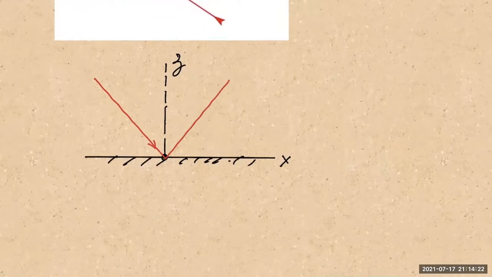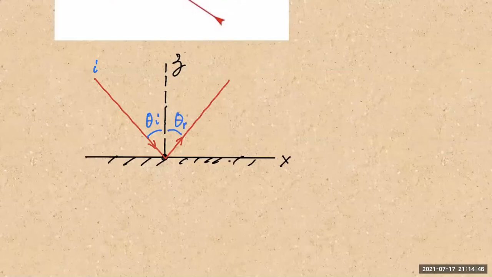It tells you the reflected light is in such a direction that the incident angle, which is the angle formed by the incoming light ray I and the z-axis, which is normal to the surface of the xy reflector, this angle theta I, the incident angle, equals the reflected angle theta r. Theta r is formed by the normal to the xy plane, which is the z-axis, and the reflected light. So these two angles are the same. Theta I equals theta r.